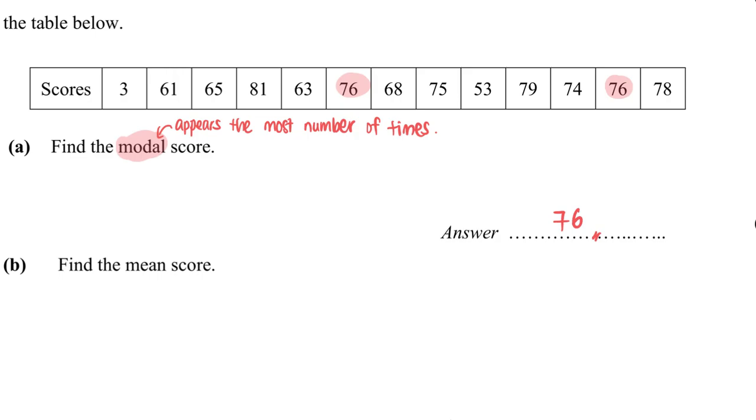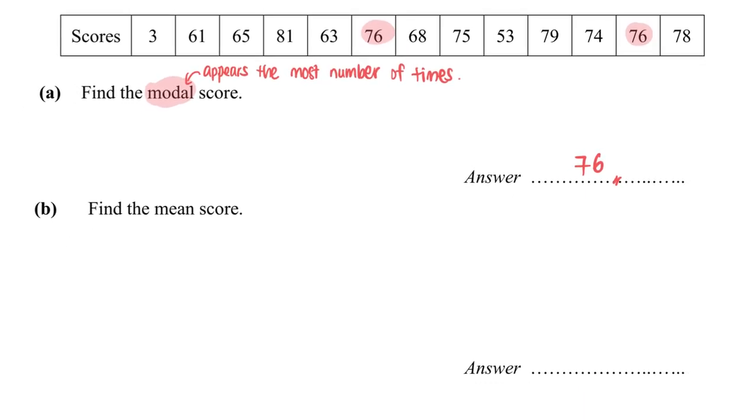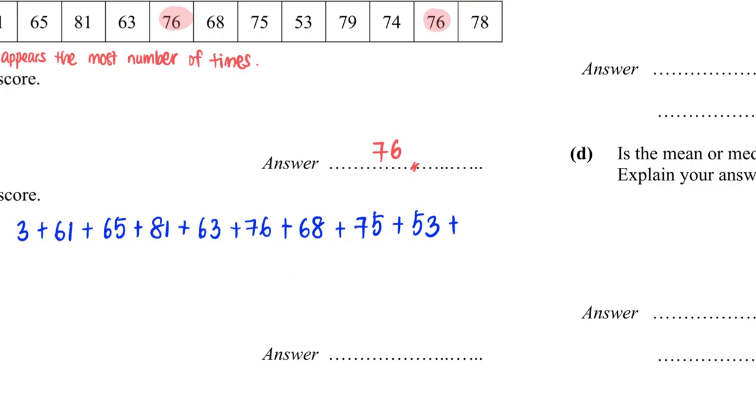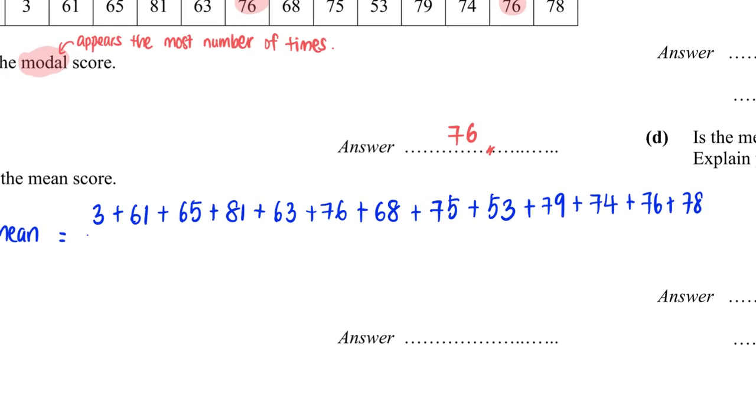Next question is to find the mean. So it is simply equal to, we just need to sum up the 13 scores and divide them by how many students there are.